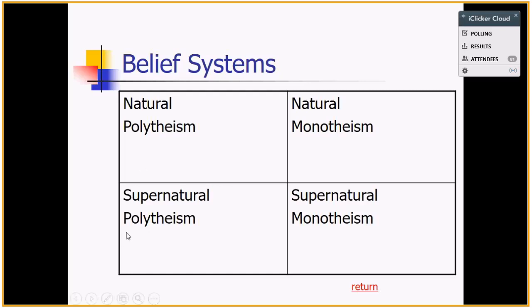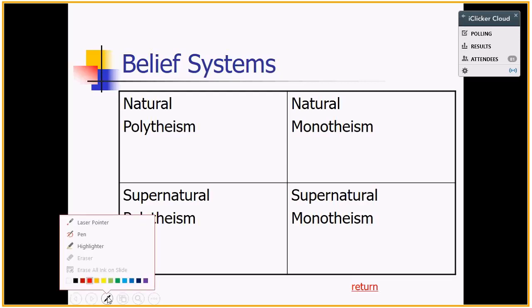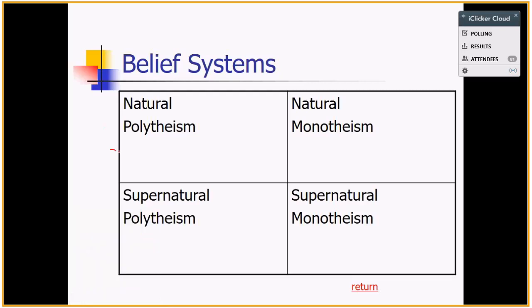Now, for now, just use abbreviations. What we've got is natural polytheism. Poly meaning many, theism meaning gods. And natural meaning that these gods are part of nature. The deer, the elk, the wind, the rain. This is where Native American religions fall.